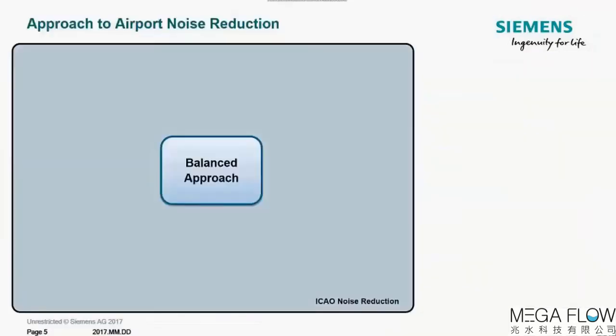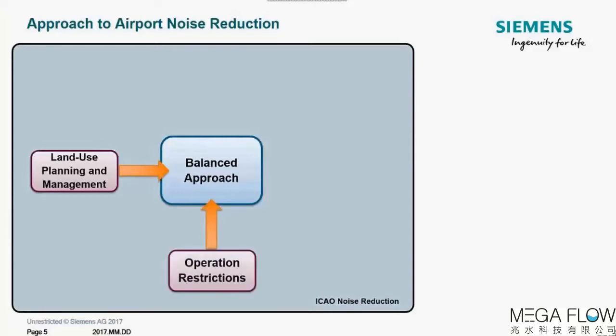Well, this is an approach that's been adopted by ICAO, which is a balanced approach which takes into account 4 areas. First is land use and planning, not always appropriate, especially with urban sprawl. Sometimes you can avoid putting people in flight paths, but not always, and so you have to look for other strategies.